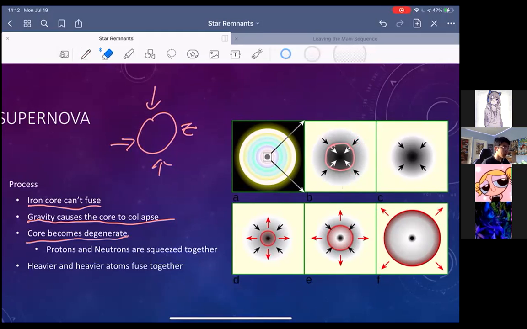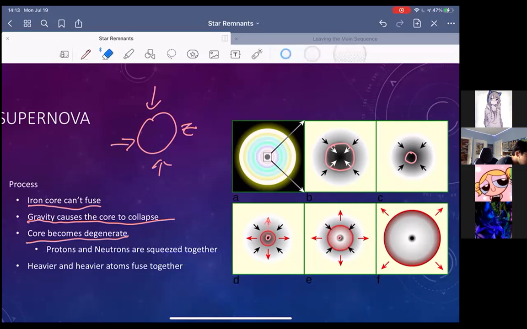So what happens is that in the supernova, the core overcomes the Chandrasekhar limit. And once it overcomes that limit, then our degenerate core becomes even smaller and even smaller, even smaller. That's where these red arrows come in.